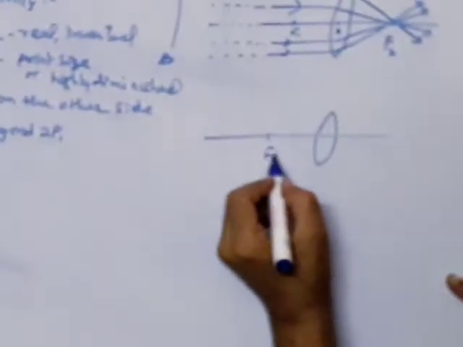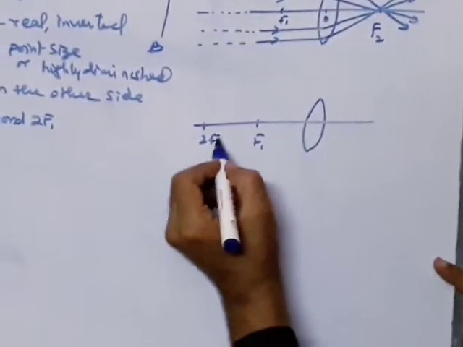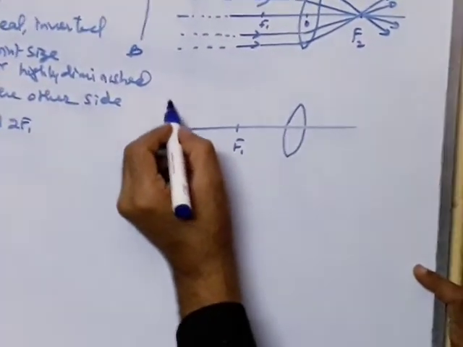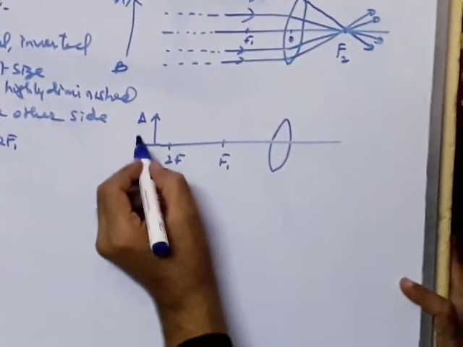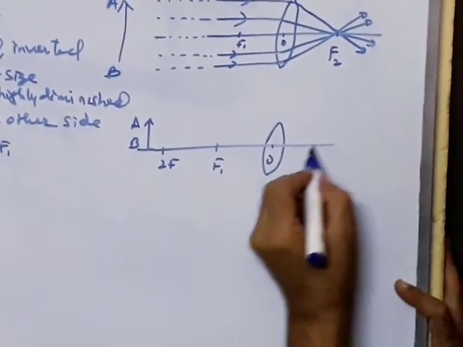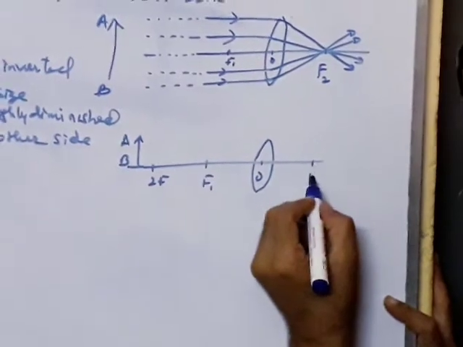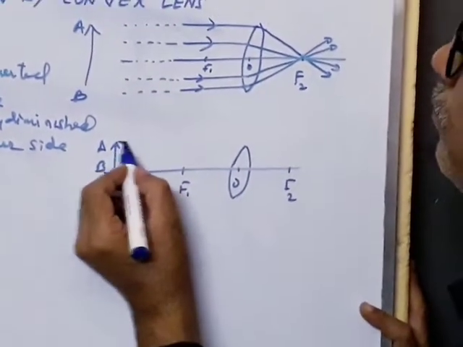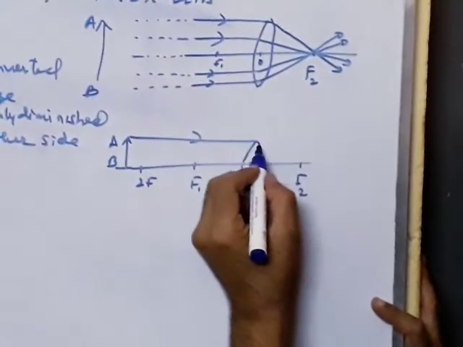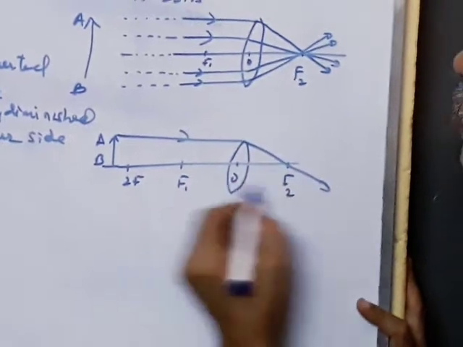With the help of this ray diagram, this is f1, 2f1. Now put the object here, AB. Select a ray of light parallel to the principal axis, then it goes through the principal focus.